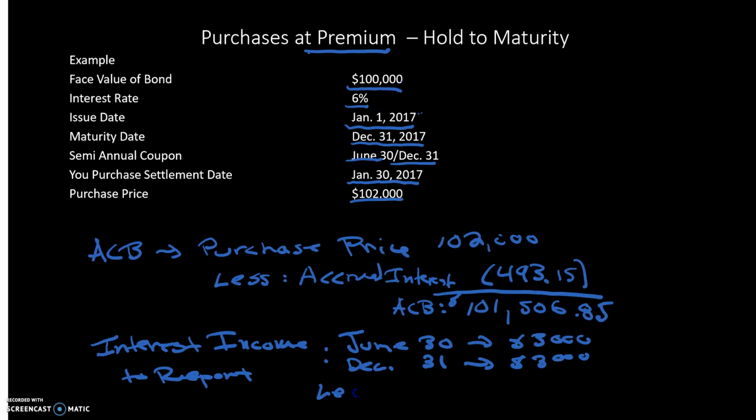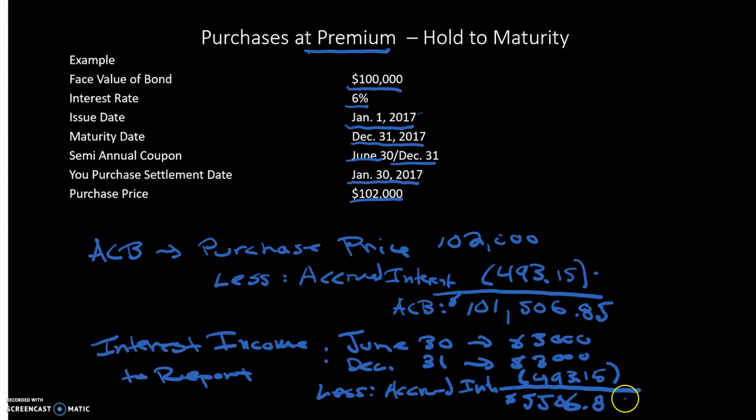And we're going to subtract the accrued interest that we paid, $493.15. These are brackets, so we're just taking this off. That gives us interest to report, just like in the previous example, of just over $5,500: $5,506.85. So that's what we would report as interest income if we held this bond to maturity.